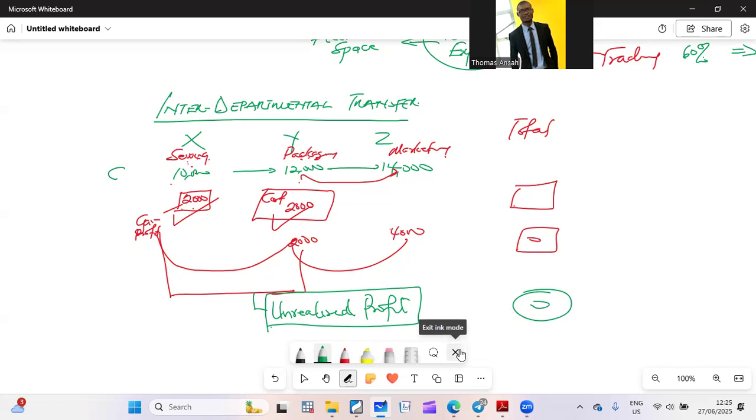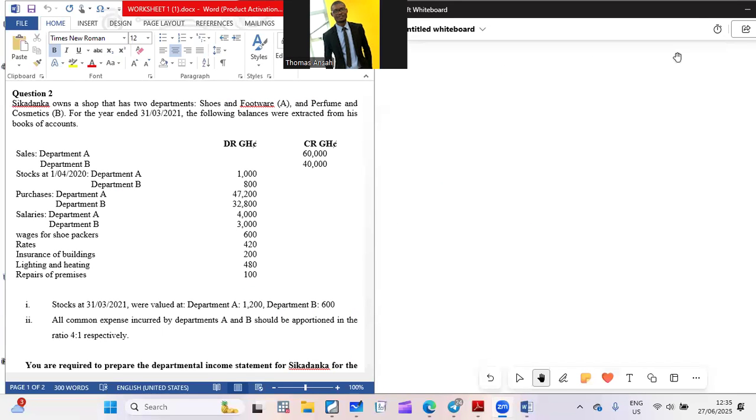If you want the profit to be realized, then you must be selling to somebody who is not within any of the departments or the entire company. It must be to an outside person. So that is the essence of departmental account. So, ladies and gentlemen, this is all you have to know under departmental account.